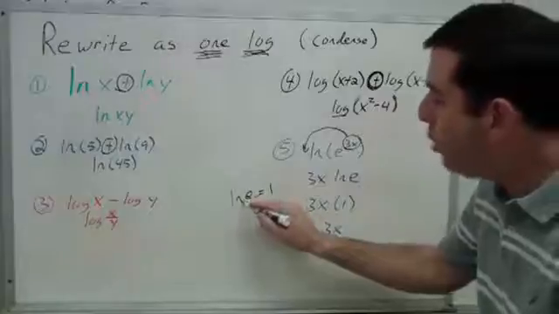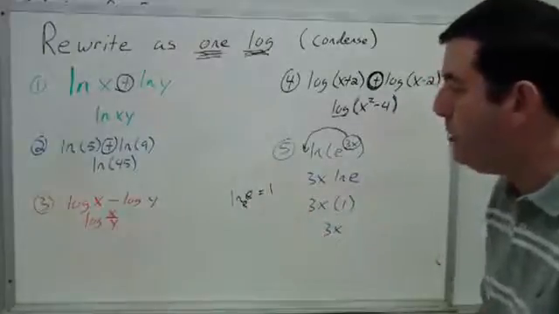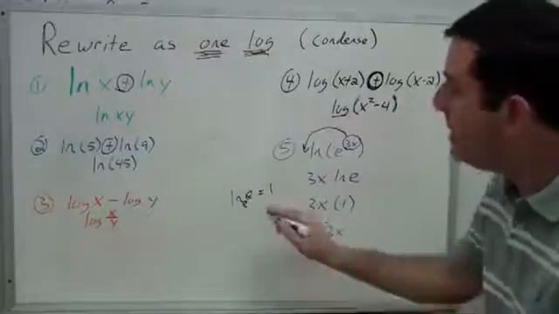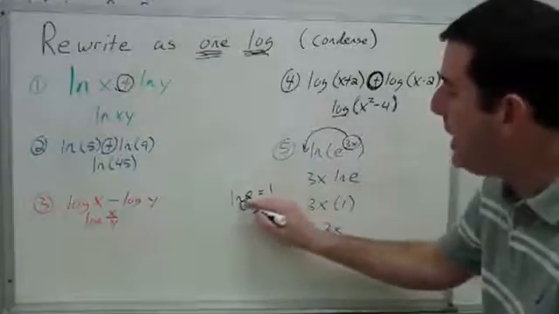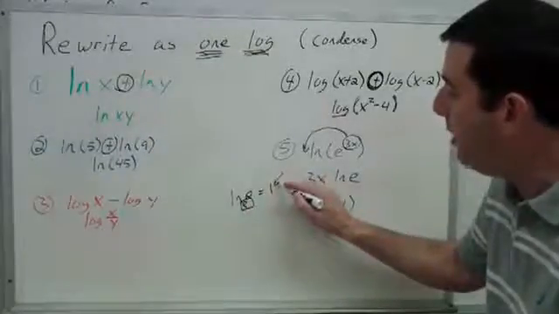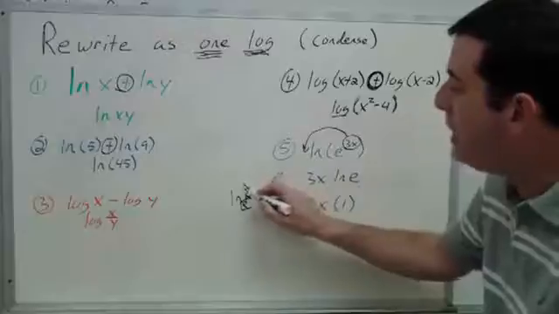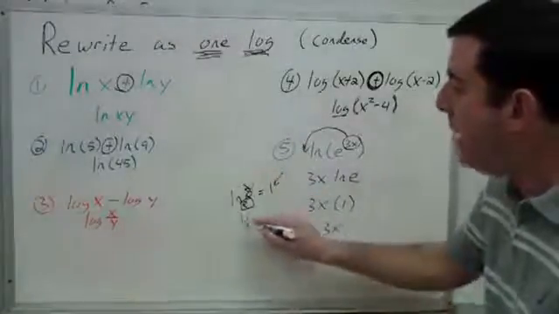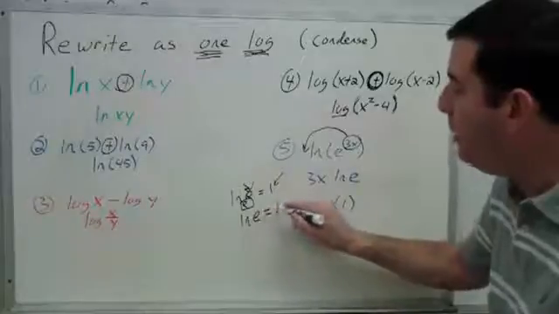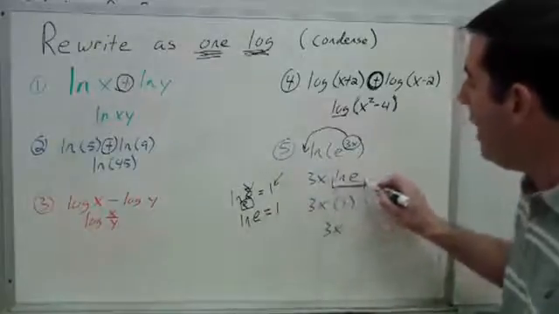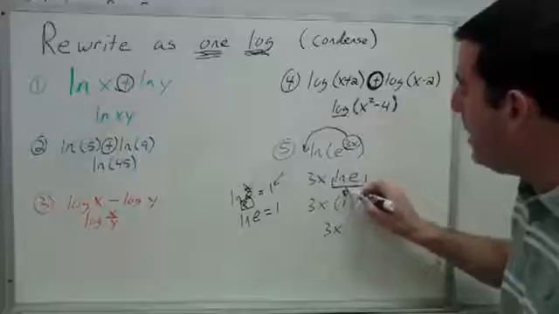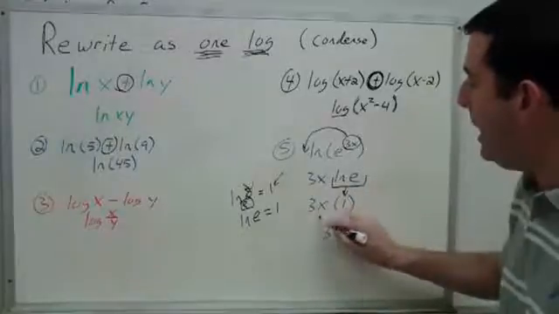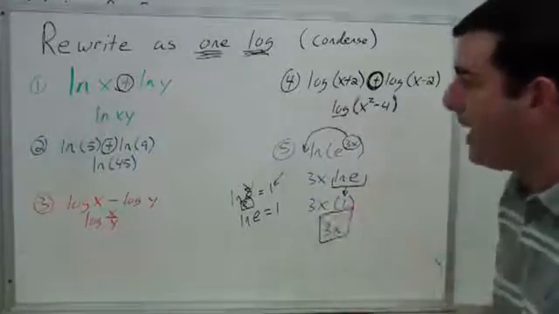Remember that natural logs have an understood base of e. So it's saying if you take e and you raise it to the first power, you would still have just e. Anytime that you see ln e, the value is 1. Here, ln e becomes 1. 3x times 1 is just 3x.